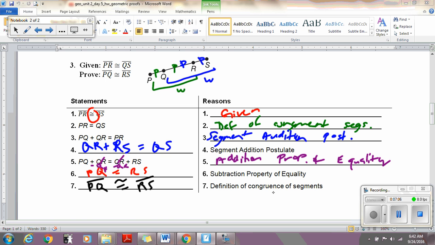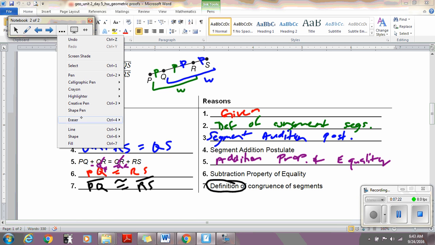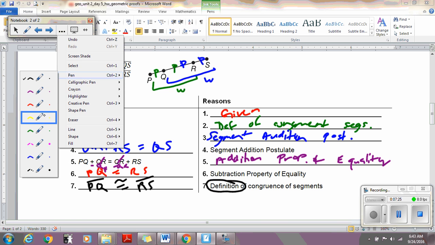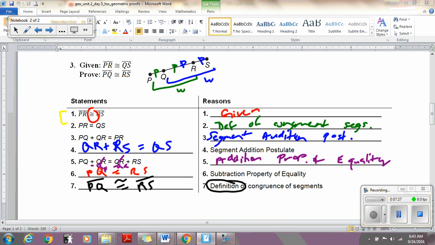So just a reminder, when they use a definition as one of your reasons, your setup will look a lot like statements 1 and 2, or 5, 6 and 7. Statement 1, they gave you the segment piece, the congruent part first, then they gave you the equal part in statement 2.